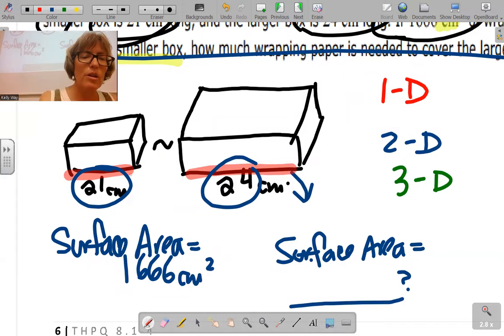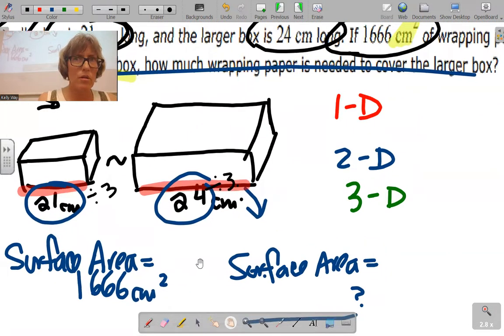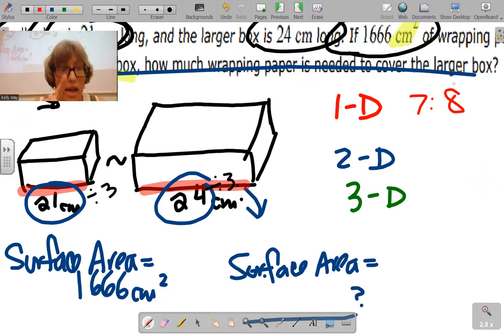I was already going to say that. Yeah, I'm sure you were. So we're going to divide by 3, divide by 3. 21 divided by 3 is 7. 24 divided by 3 is 8. So our one-dimensional ratio is 7 to 8.